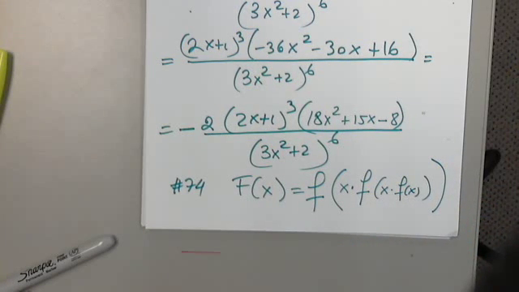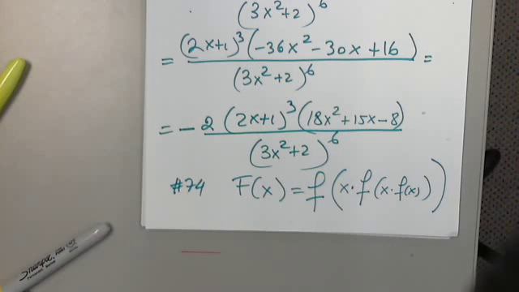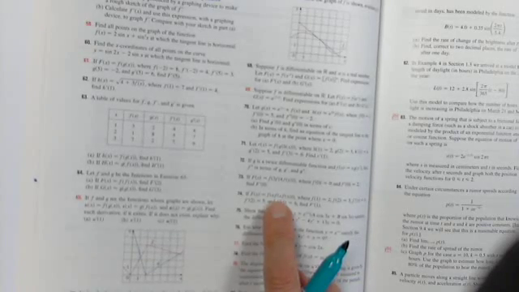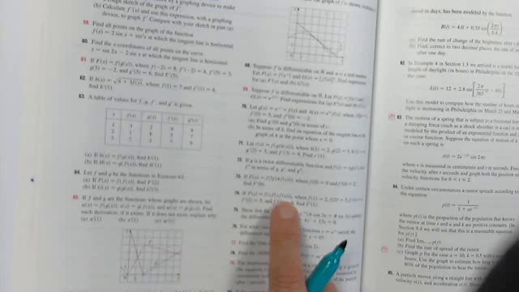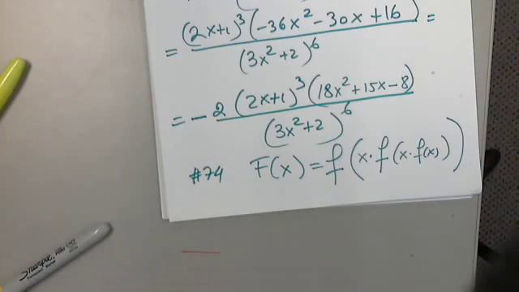Horrible. Okay, one more time. Let me show you. F of x times F of x times F of x. Then we are given a lot of information following that.